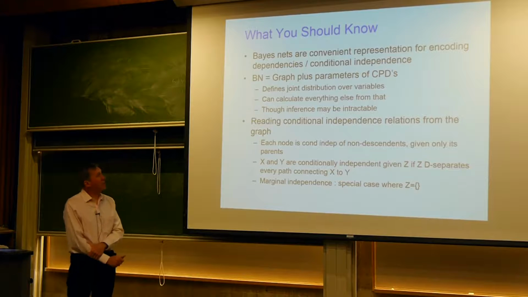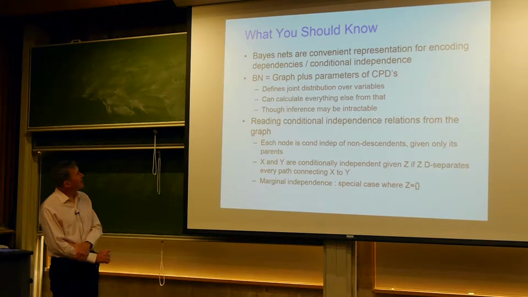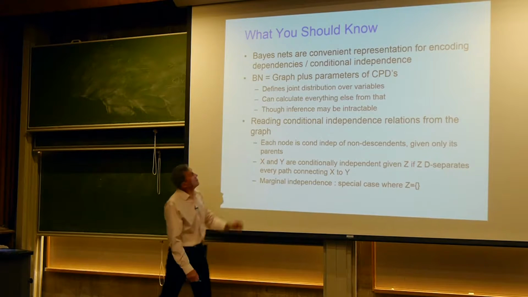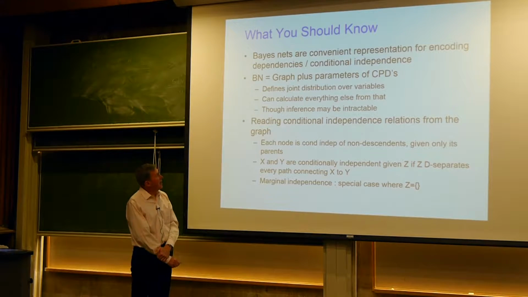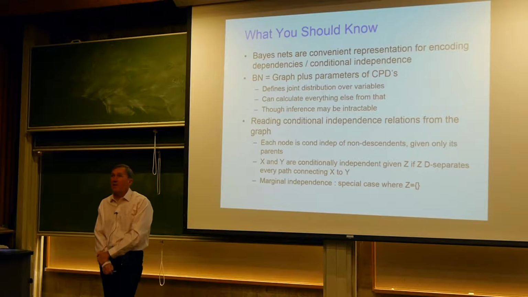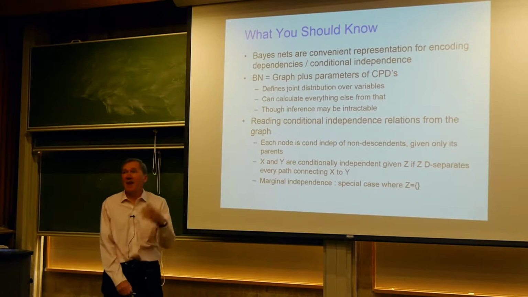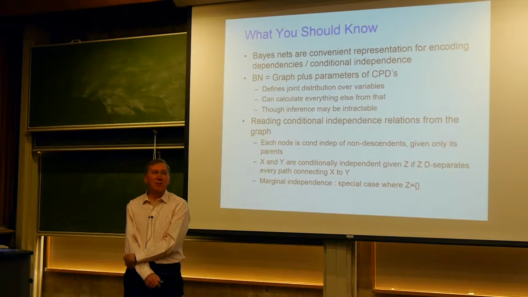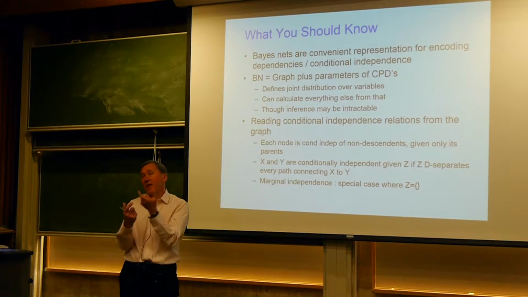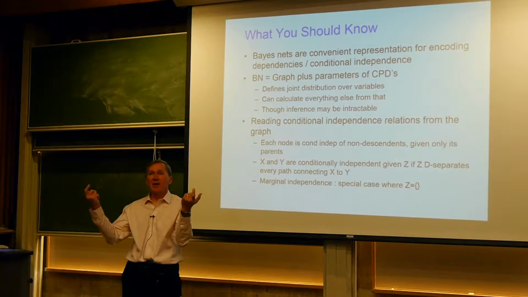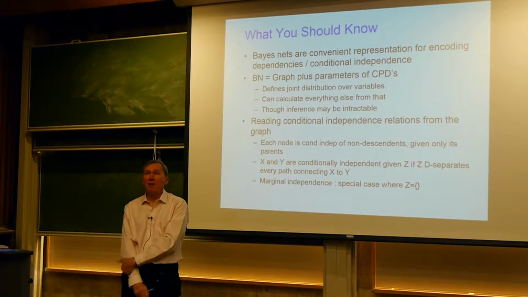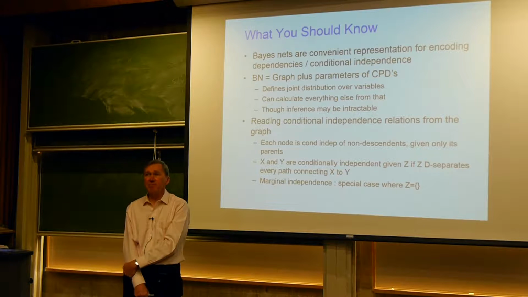What you should know most importantly about Bayes nets is this. How you actually represent them, how they do define the joint distribution. Note that you can calculate everything else from that because, as we said in lecture 2 of the course, if you actually have the joint distribution over a set of variables, you can calculate the conditional probability of any subset of them given any other subset, or just the flat out marginal probability of any one or any set of them.